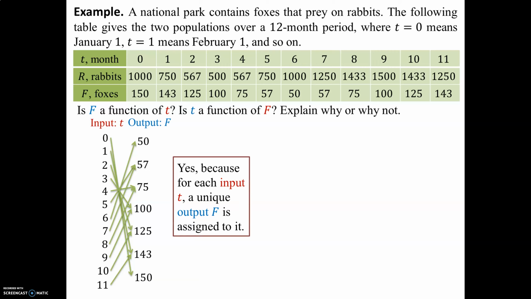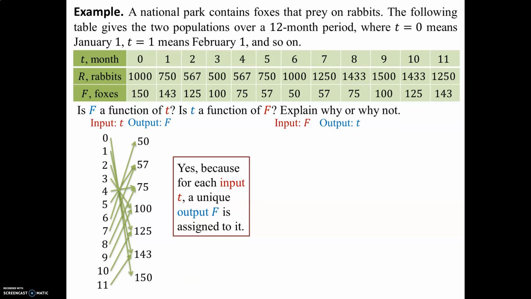Let's now answer the second part of this question. Is t a function of f? If we compare the question with how the definition is written, f is now the input values and t is the output values. Let's construct a similar mapping as we did in the first part.